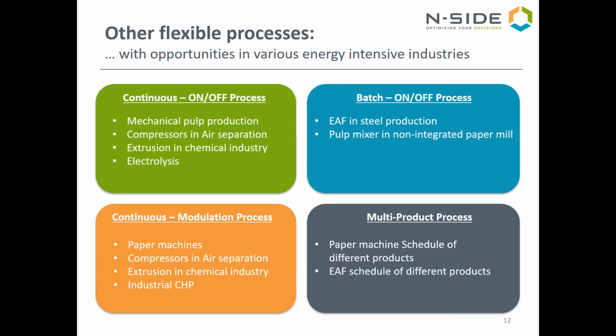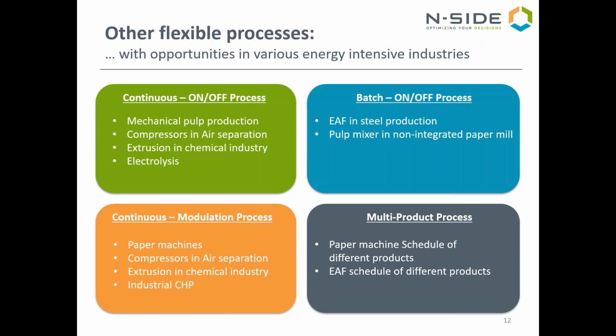The cement industry is one example, but there are plenty of other types of processes. We have mechanical pulp production, for instance, compressors in air separation, extrusion in petrochemicals, paper machines, industrial CHPs, even electric arc furnaces in steel production, and so on.